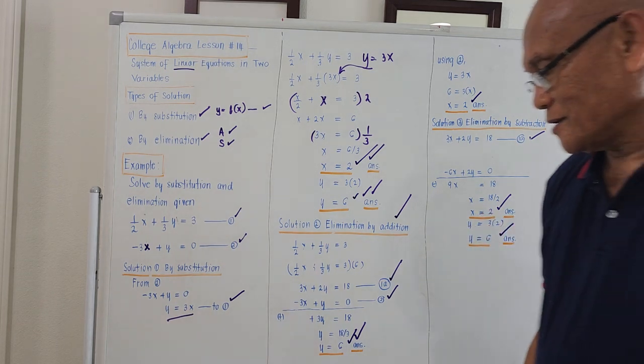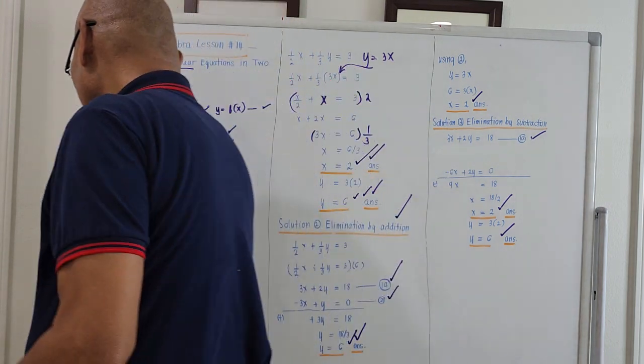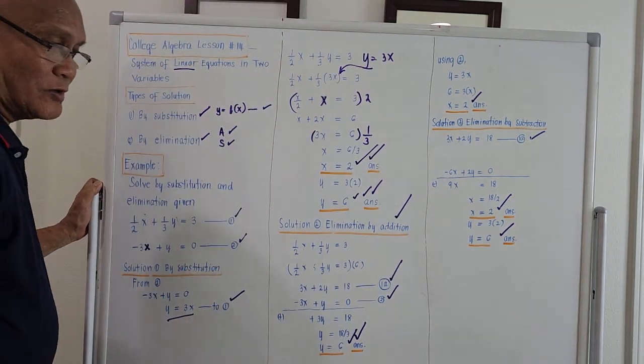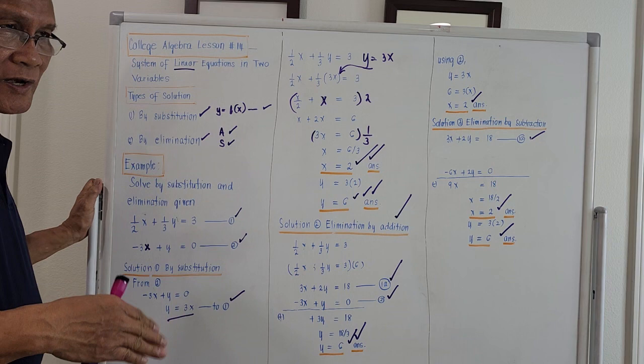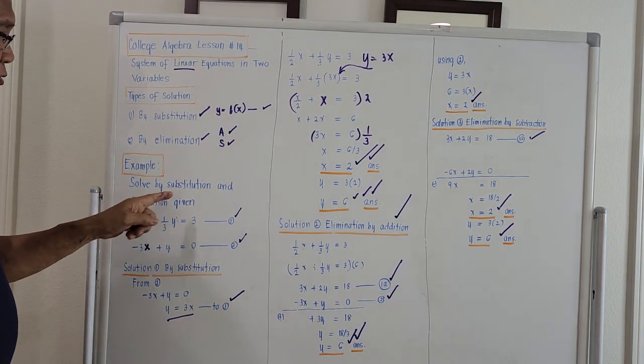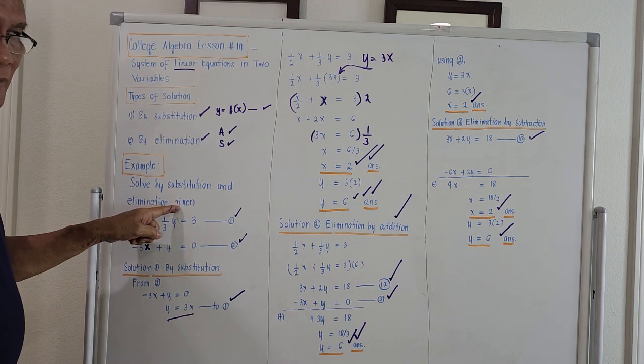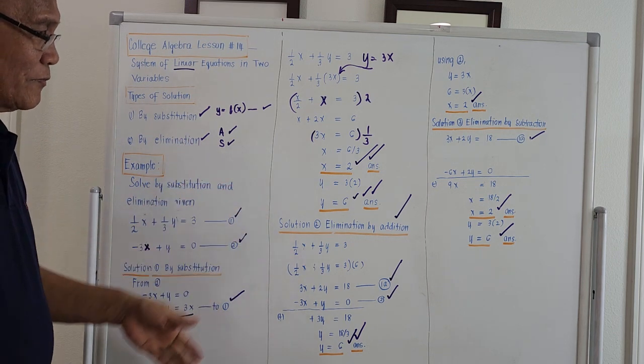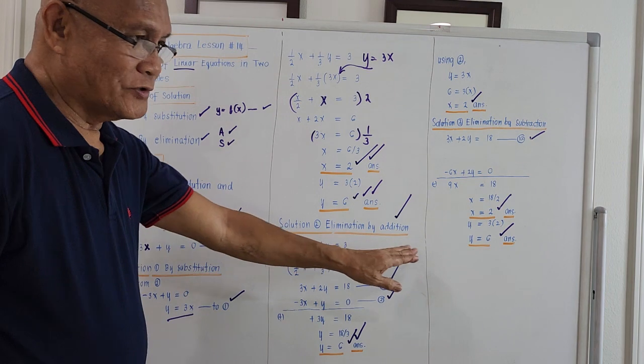Okay, that's it, guys. That's the solution of a system of linear equations involving 2 variables. That is the first solution by substitution. Solution number 2 will be elimination by addition.